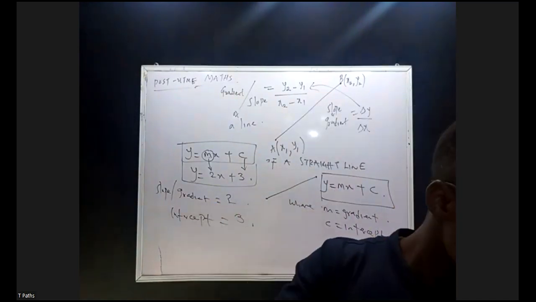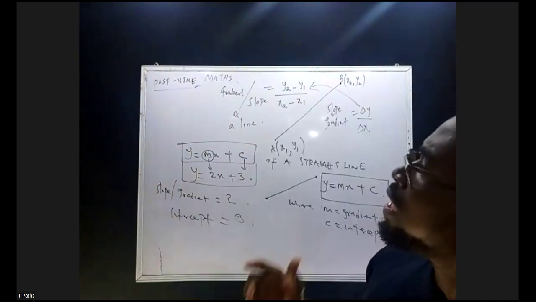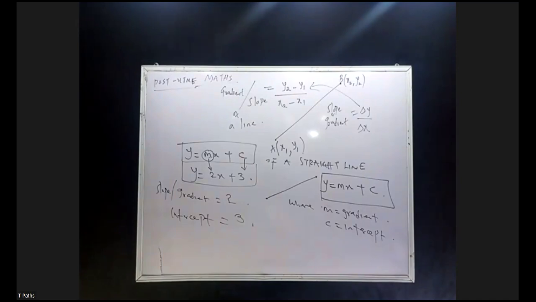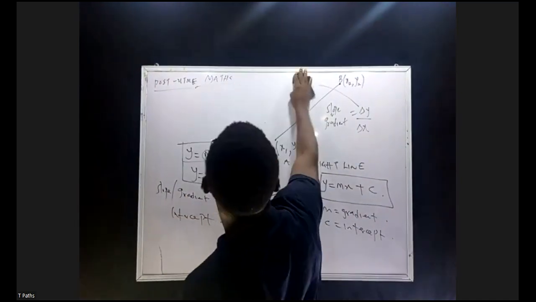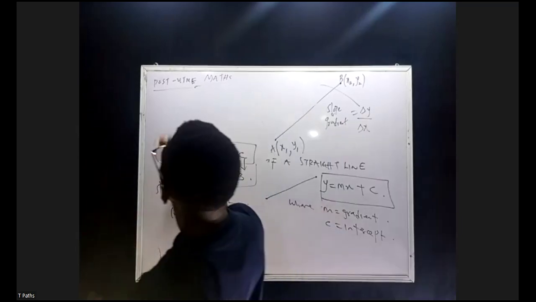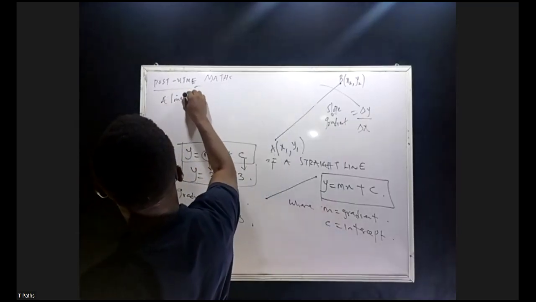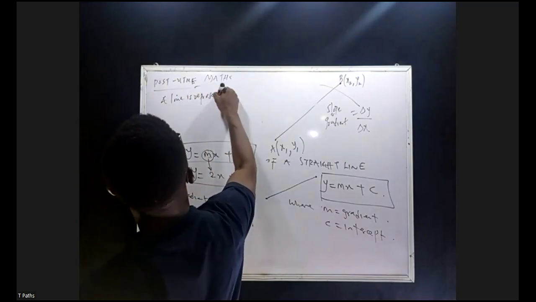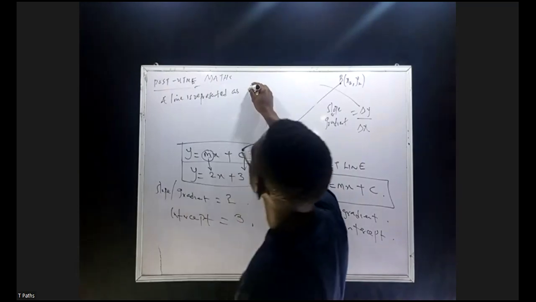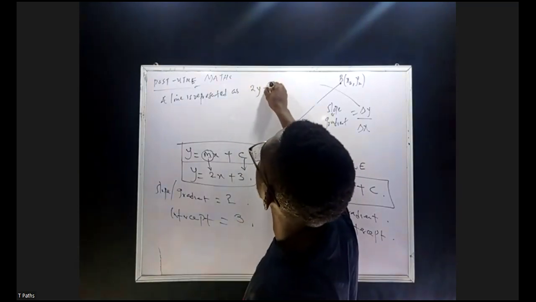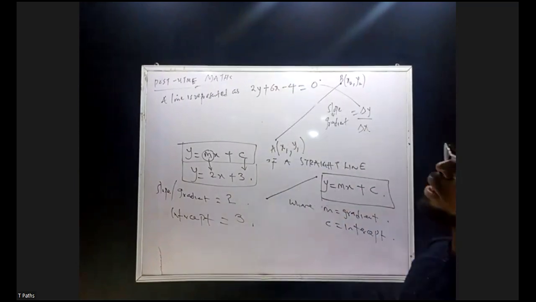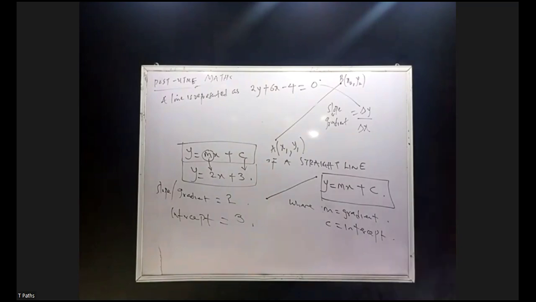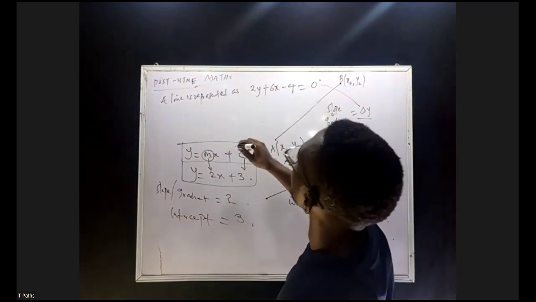That is question number 1. Question number 2 is going to test your understanding. A question goes like this. A line is represented as 2y plus 6x minus 4 equals 0.